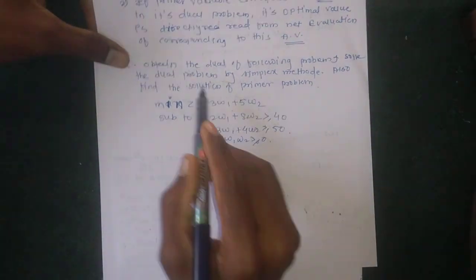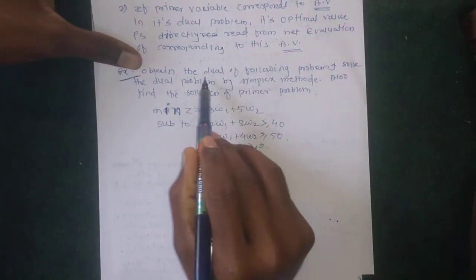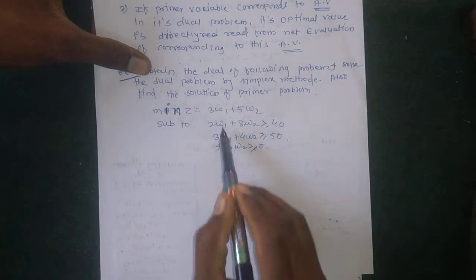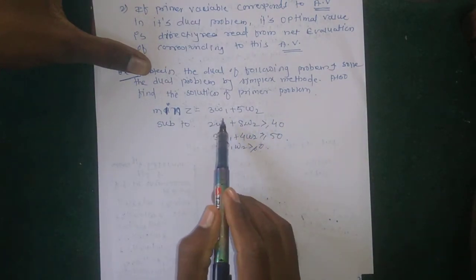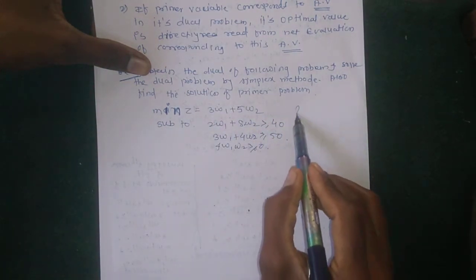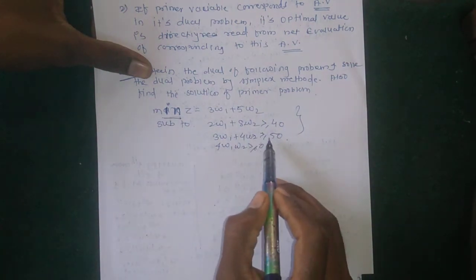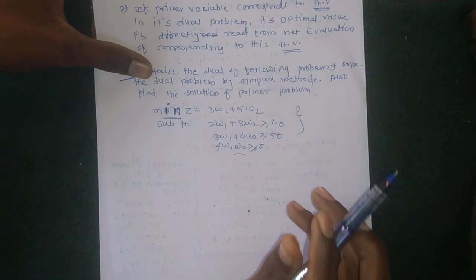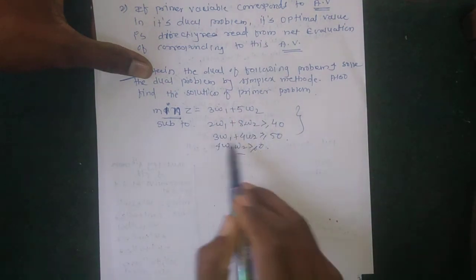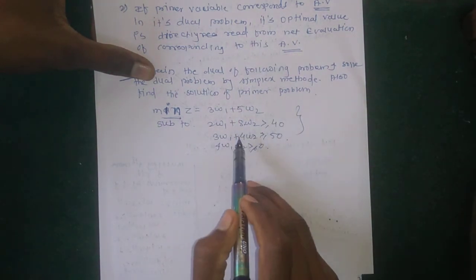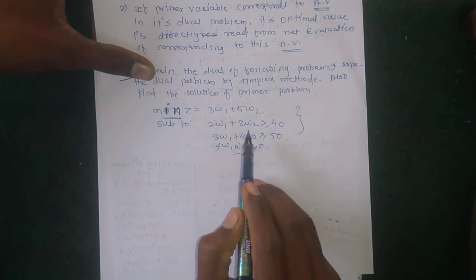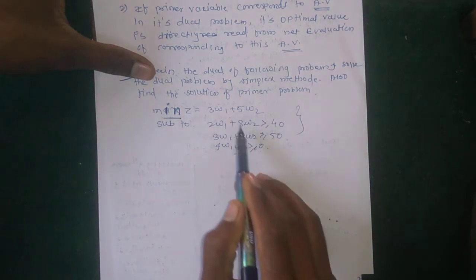So the question is, firstly find the dual of this primal problem. This is our primal problem: the objective function is minimal type, all constraints are greater-equal type, and the non-negativity condition is also given. Firstly write its dual.